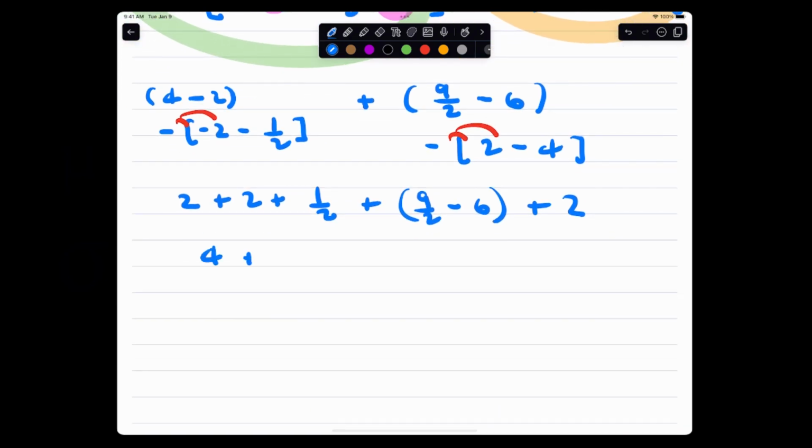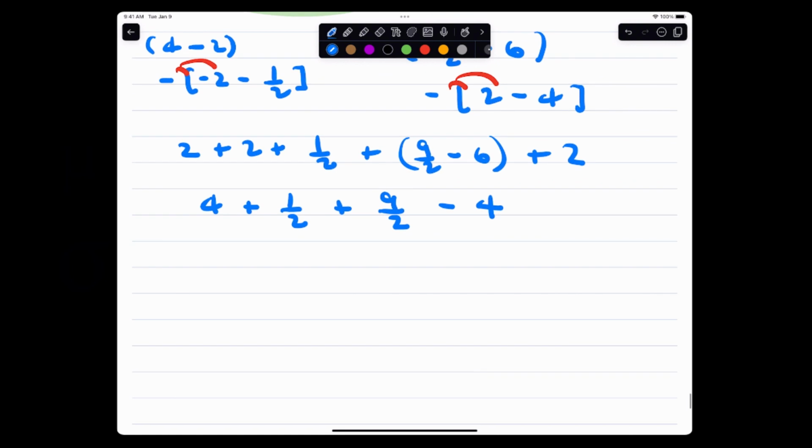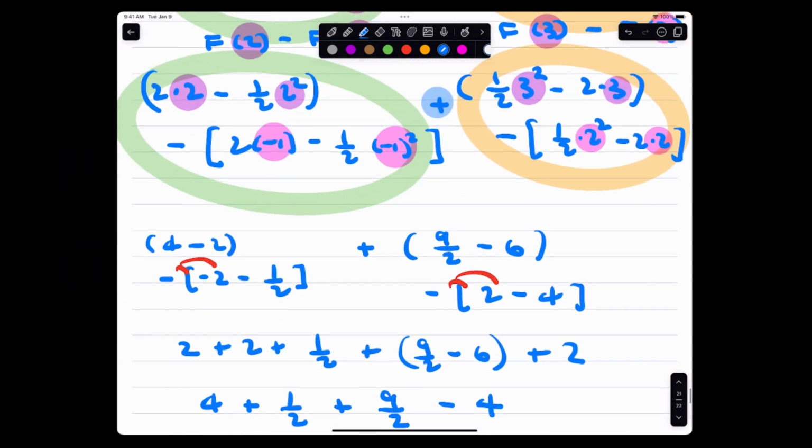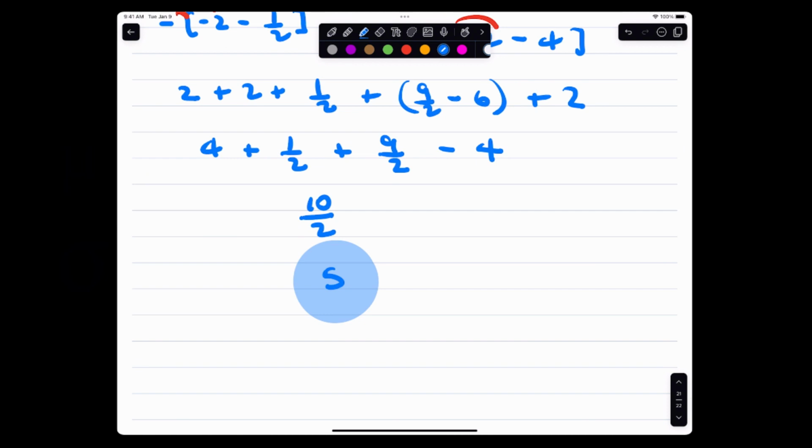I get 4 plus 1/2 plus 9/2 minus 4, it looks like, right? -6 plus 2. 4 minus 4, then 1/2 plus 9/2, isn't that going to be 10/2? But they're known as what? 5. Anyway, just be careful with the arithmetic. Applying those limits can be a challenge. All right.